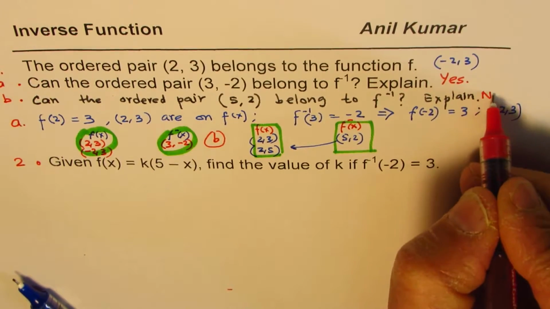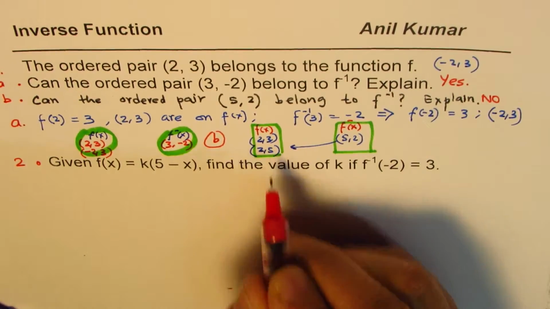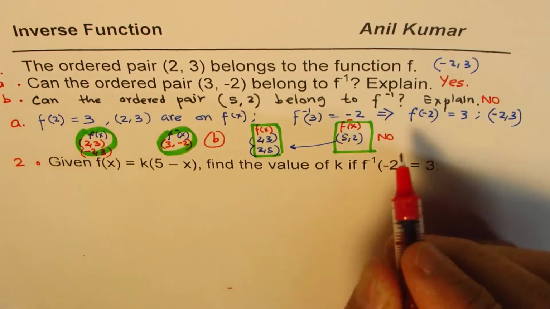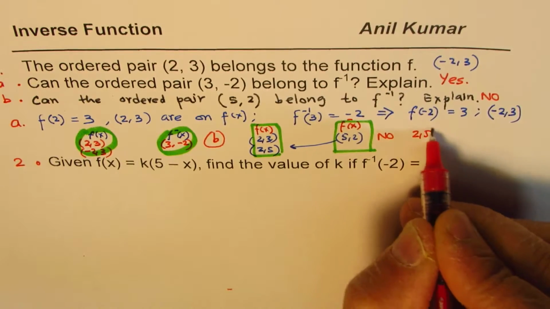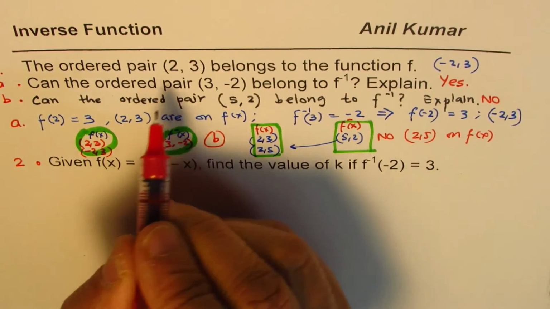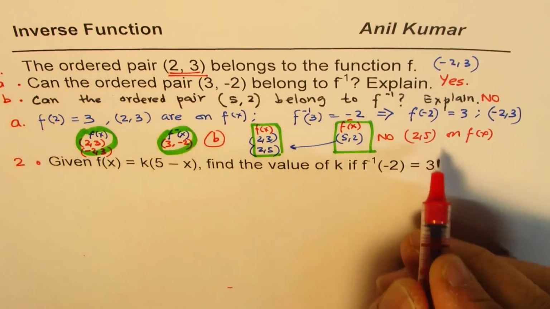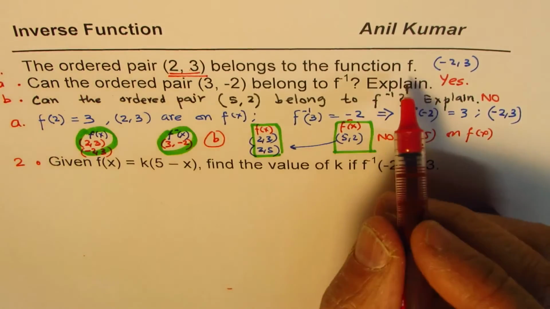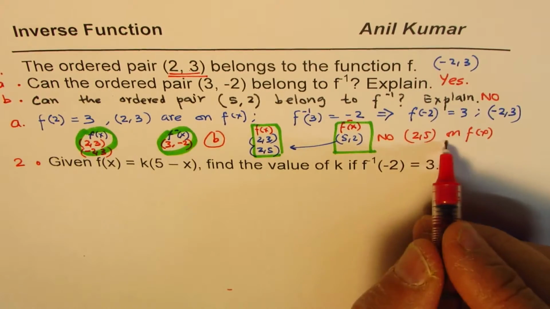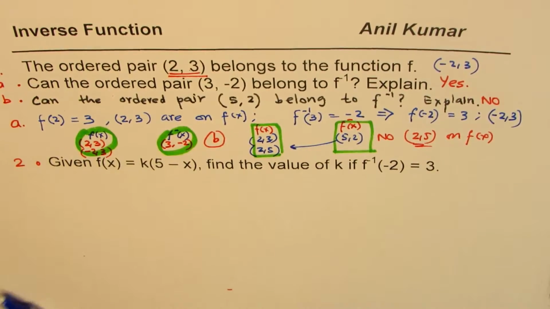So the answer is no. The answer is no, since you can see that (5, 2) means (2, 5) on f(x), but on f(x) we have (2, 3). That will make that function not a function, just a relation. So that is not possible. And that is why for B the answer is no. I hope this part is clear to you.